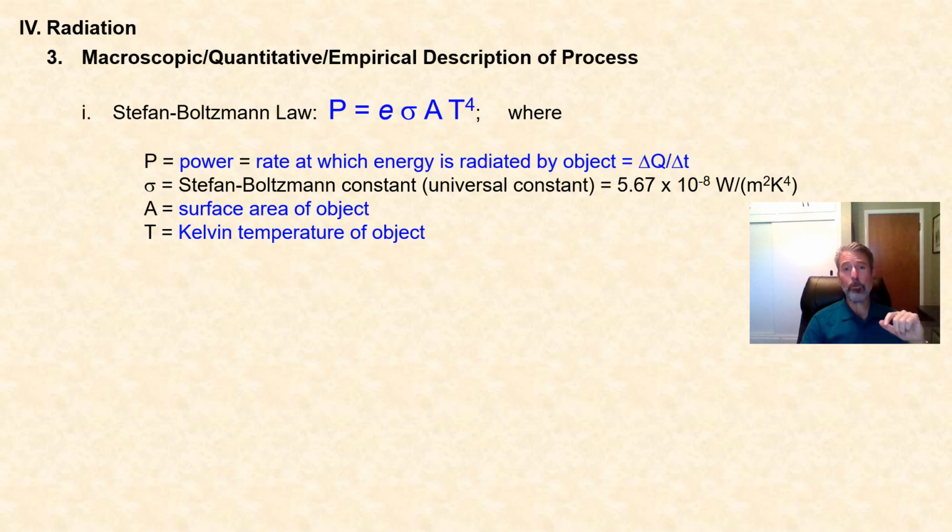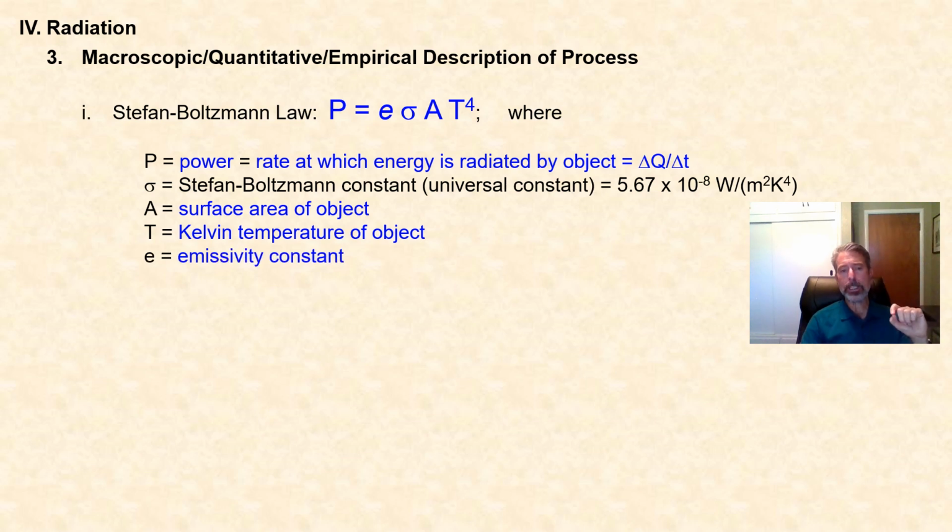It goes like temperature to the fourth power. That's huge. The higher the temperature, the much more energy transfer in this form, radiation, as the temperature of the object increases. So you can imagine a very hot star is going to transfer a lot of energy per unit time in this form, radiation.